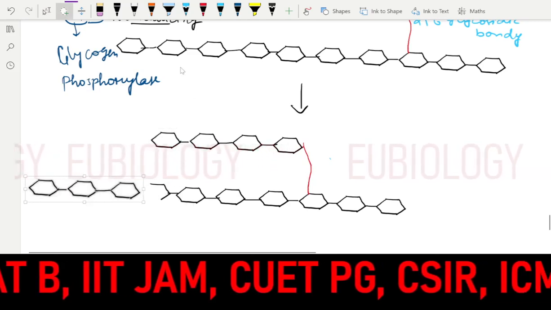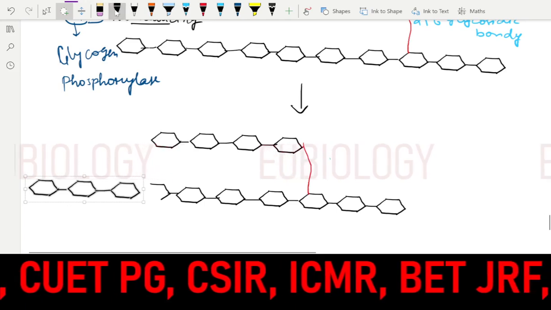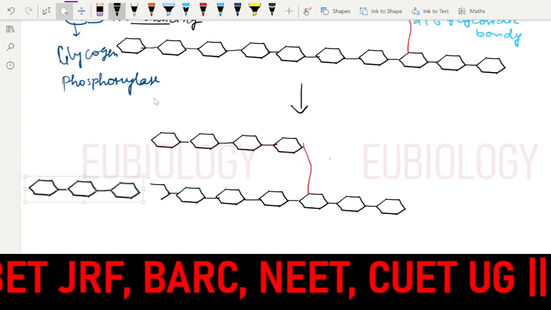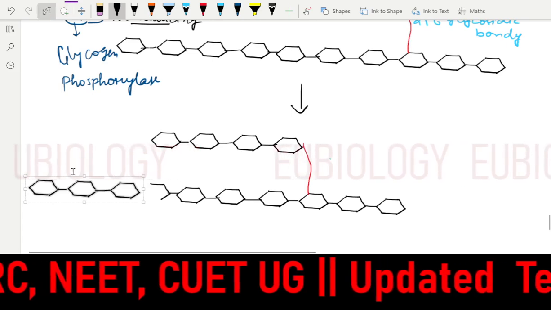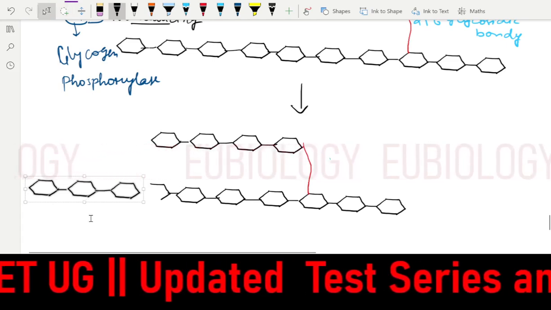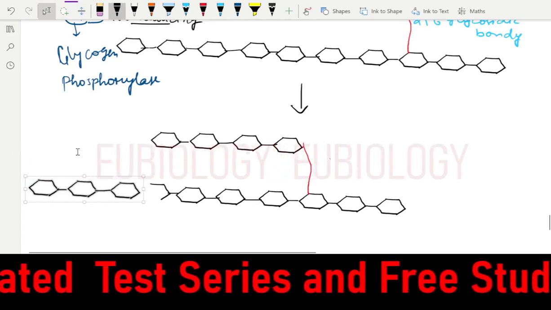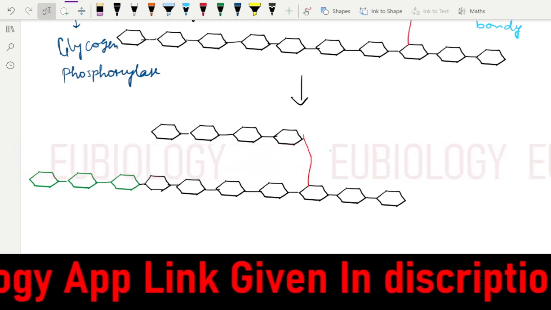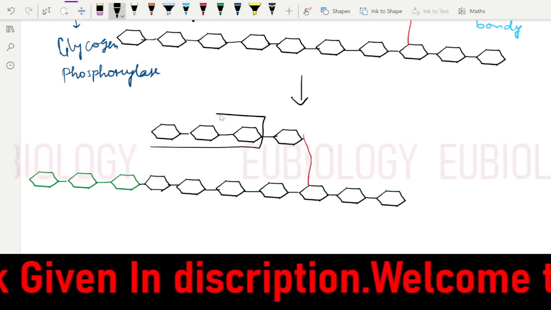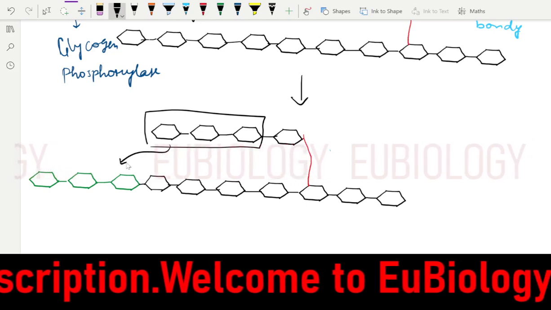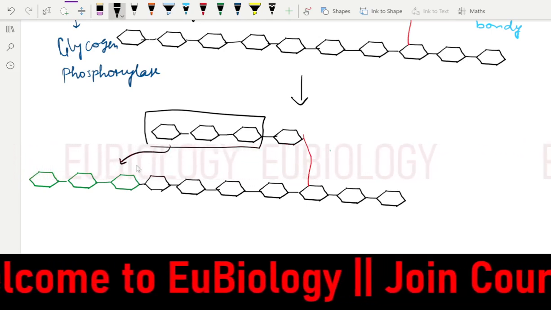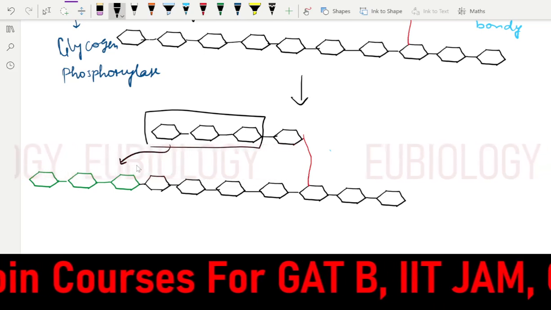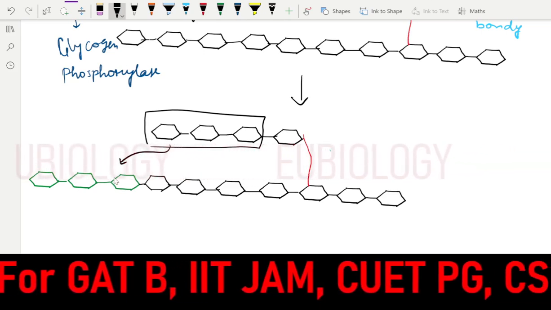The other enzyme which helps these three residues to pass over is called the debranching enzyme, or glucan transferase.